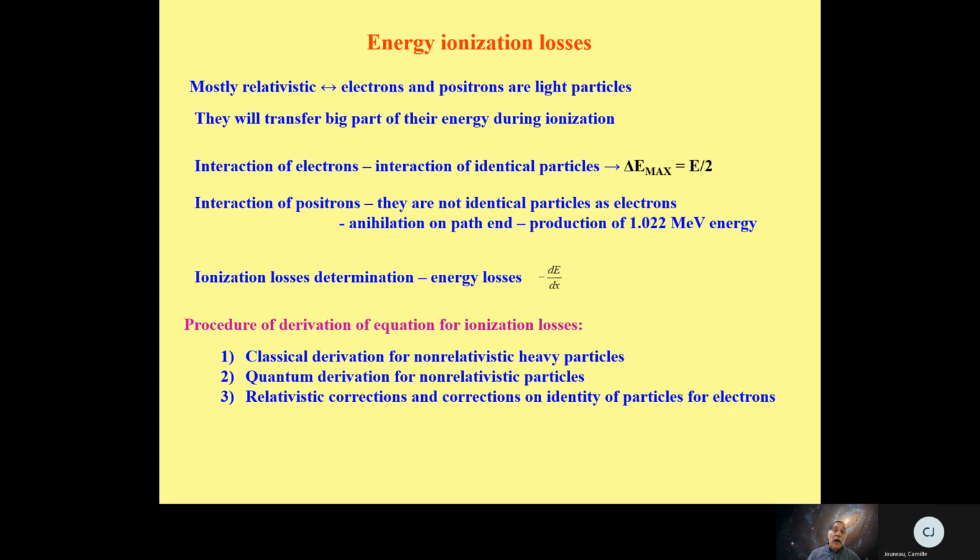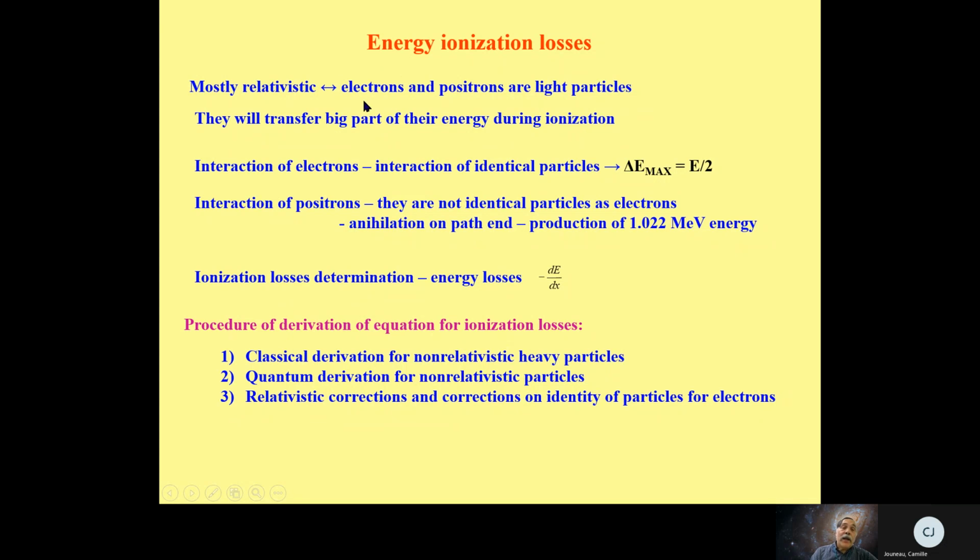If you have a neutral particle, it is necessary to convert its energy to a charged particle. In the case of electrons and positrons, which are light particles, mostly they are relativistic.